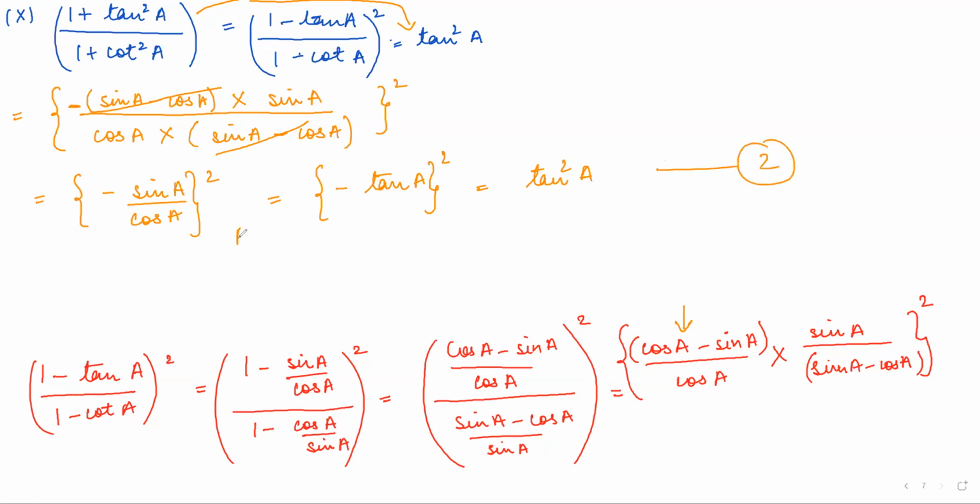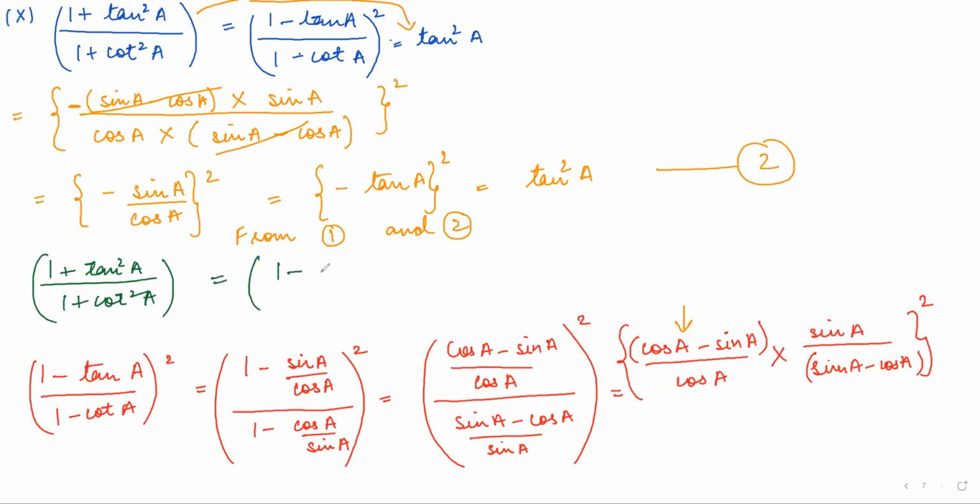So then you can conclude that from result 1 and 2, 1 plus tan square A upon 1 plus cot square A is equal to 1 minus tan A divided by 1 minus cot A whole square is equal to tan square A, right? Yes, ma'am. Because you don't have LHS and RHS, so you have to conclude like this.